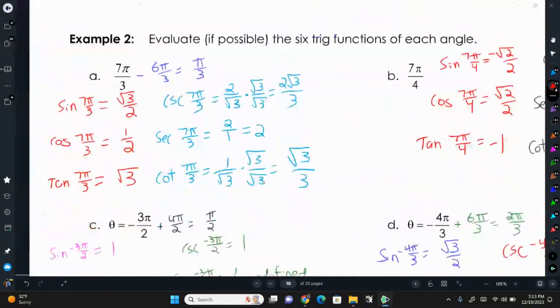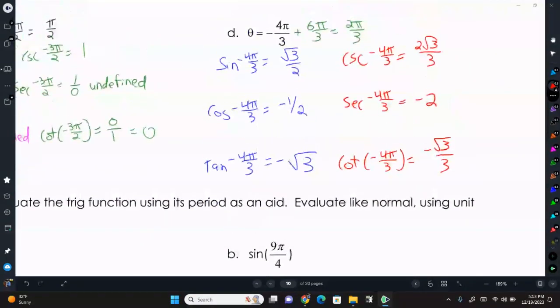Because again, I just used these values here and adjusted them based on the sign.